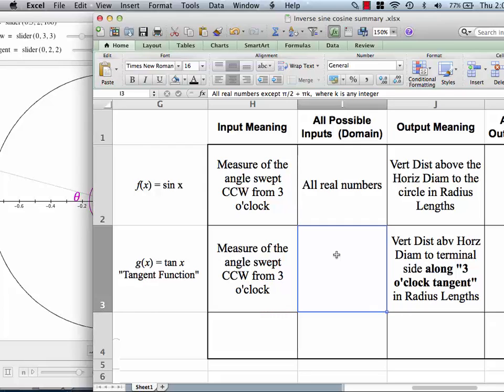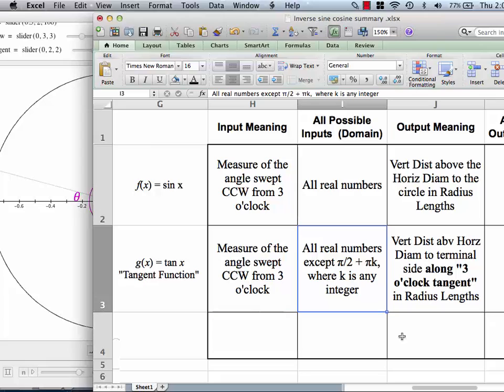Pi halves k? No, not quite, because then that would include pi, and pi's okay. Because with pi halves k, if k were 2, you get all the horizontal ones too, and those are okay because it's 0. So we need strictly the top and bottom. That's the right idea. So pi halves plus pi times k: pi halves plus any multiple of pi.